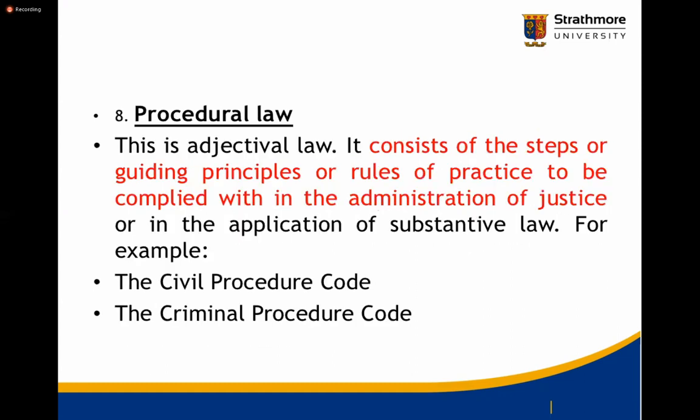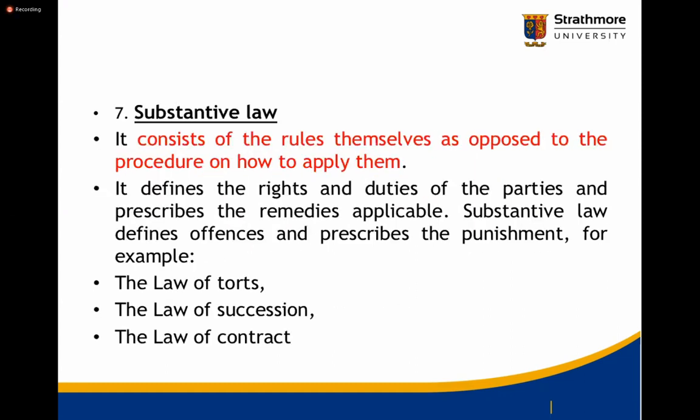Okay. When it comes to procedure, we have said substantive law is the law that dictates the duties of the citizens. It creates rights, it creates obligations. When it comes to criminal law, it is that law that defines offenses and prescribes punishment for offenses.